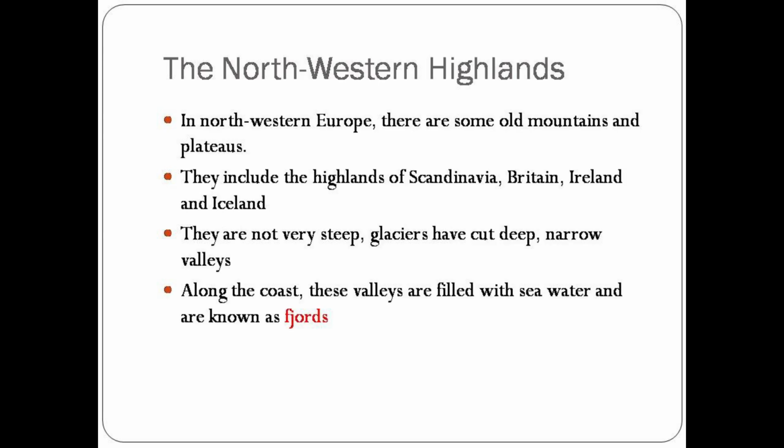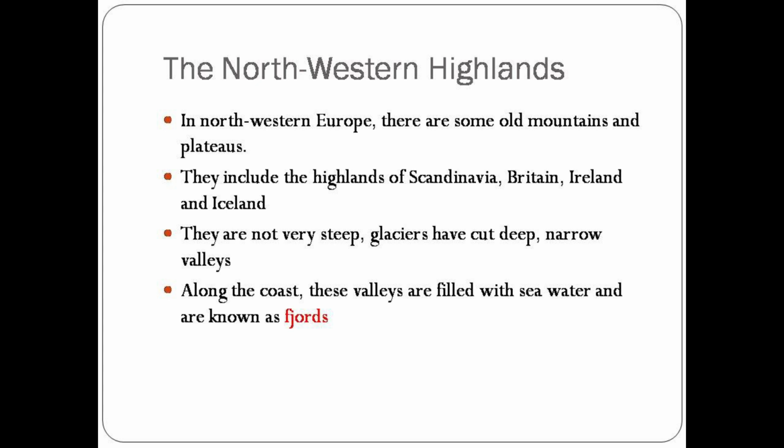The northwestern highlands. The northwestern highlands are located in the northern third of Scotland that is separated from the Grampian Mountains by the Great Glen. In northwestern Europe, there are some old mountains and plateaus.